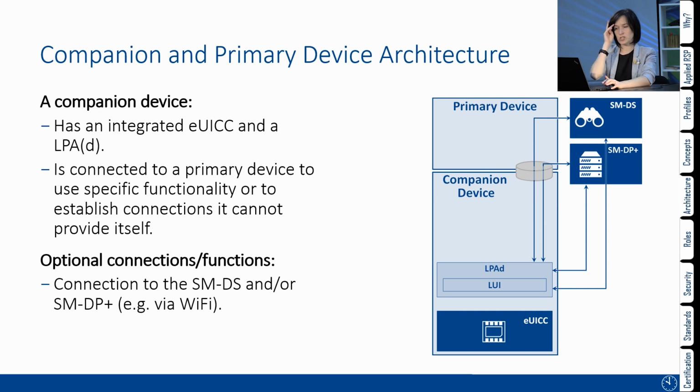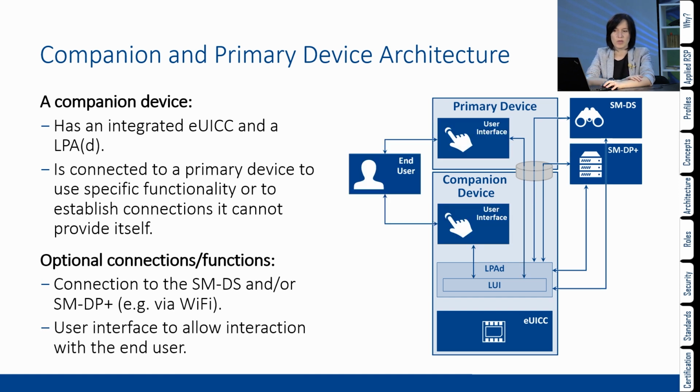There are also optional connection functions, such as connecting to the SM-DS or SM-DP+ using Wi-Fi. This can be done as well, so it depends on which functionality is required. In terms of the GSMA, it is considered that this is the companion device which contains the LPA. It may also use the primary device's user interface to allow interactions with the end user.